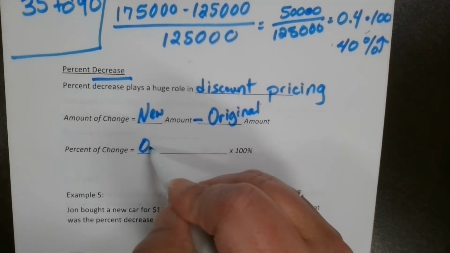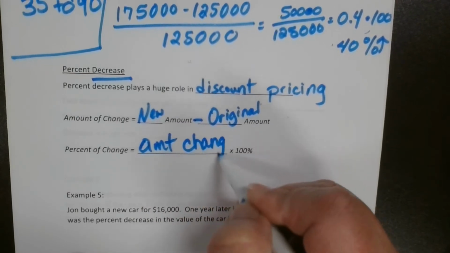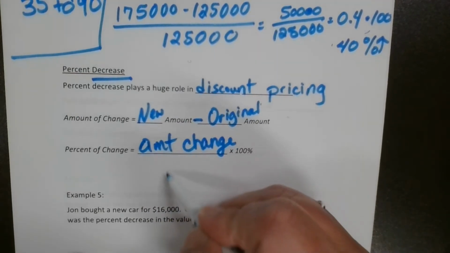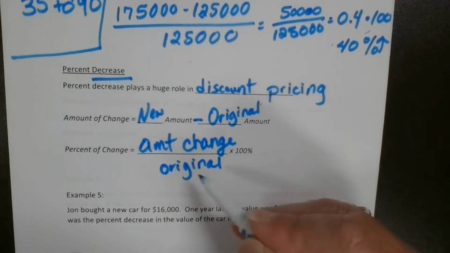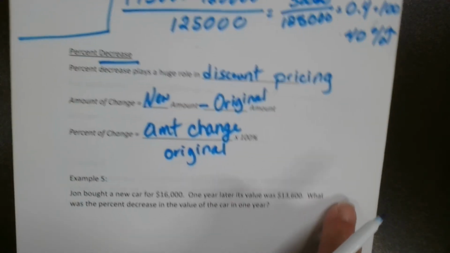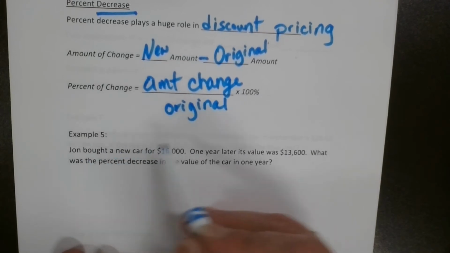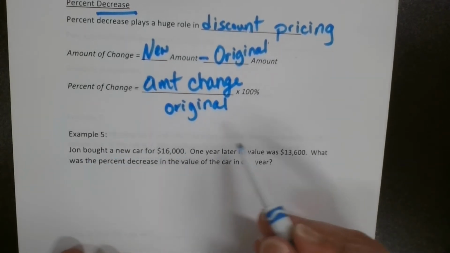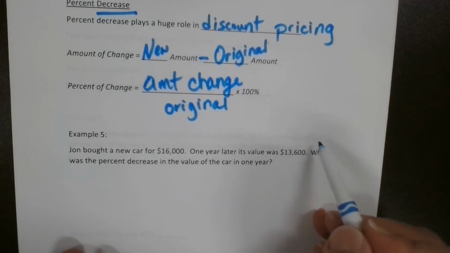So you take the amount of change, which we found in the last part of this lesson, and divide it by the original amount. Just need to remember that now we're looking at going down. So an example: Jean bought a new car for $16,000. 1 year later, its value was 13,600.